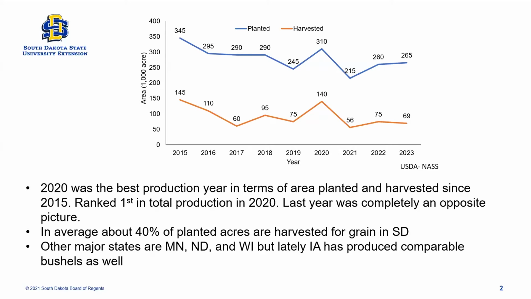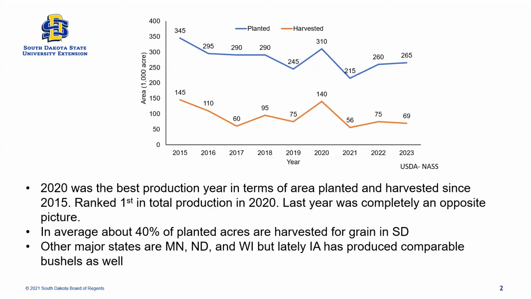A lot of oats is not harvested for grain, that gap you see between these two lines, and we can assume it's been planted for forage and other needs on the farm. More or less, if you average it all together, I would say 250,000 to 260,000 acres planted and about 40% harvested for grain in South Dakota.